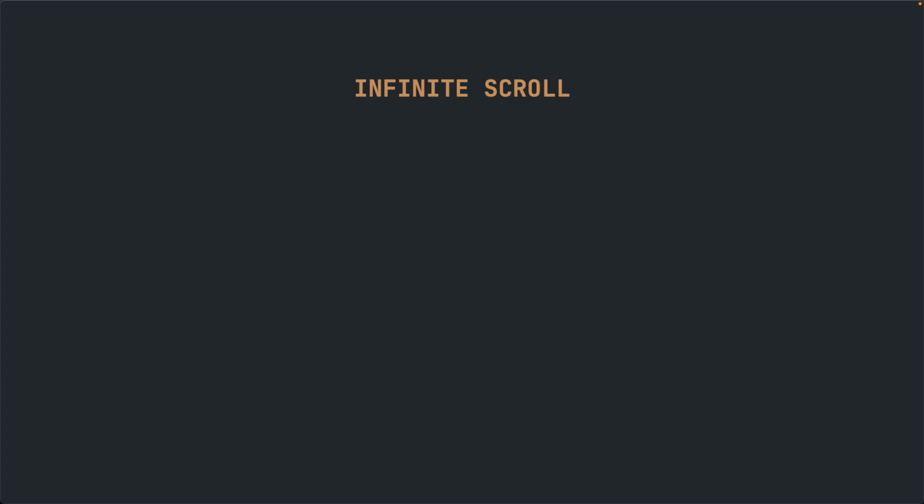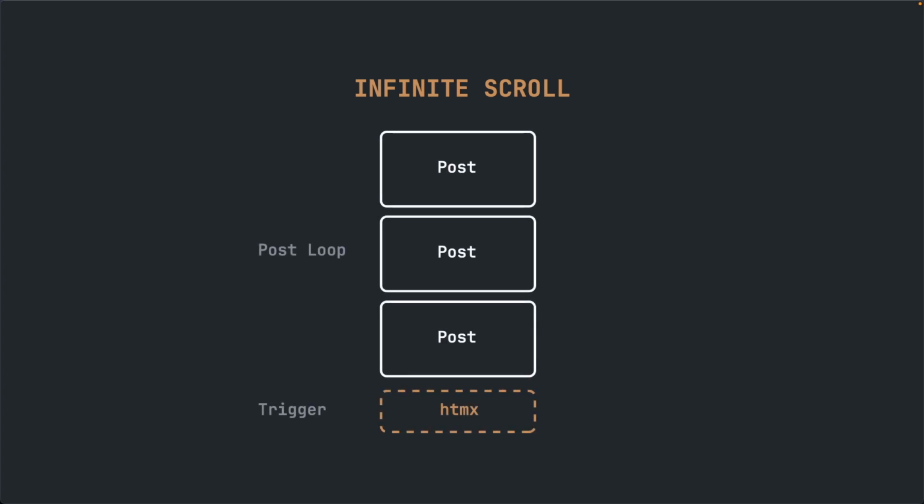First, let's have a quick look how our infinite scroll works. In an infinite scroll, you only load a certain number of posts to the page. In our example, 3. And then we add a trigger element to the bottom of it. This element is triggered when it comes into view on the page, and then makes a Htmx call to the backend to fetch the next 3 posts.